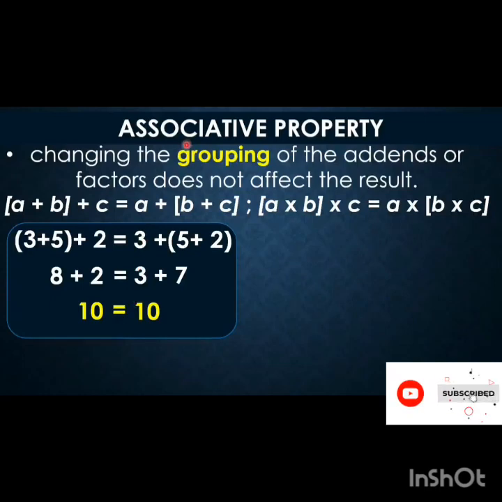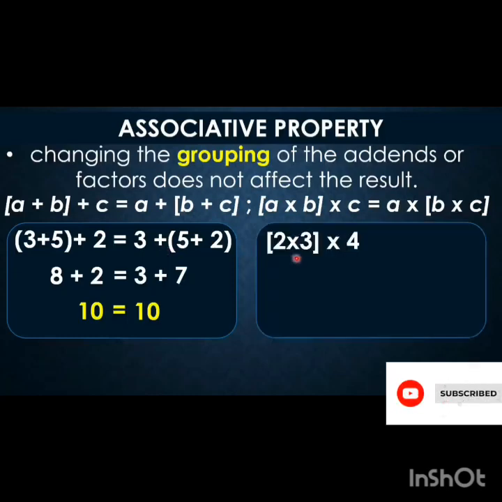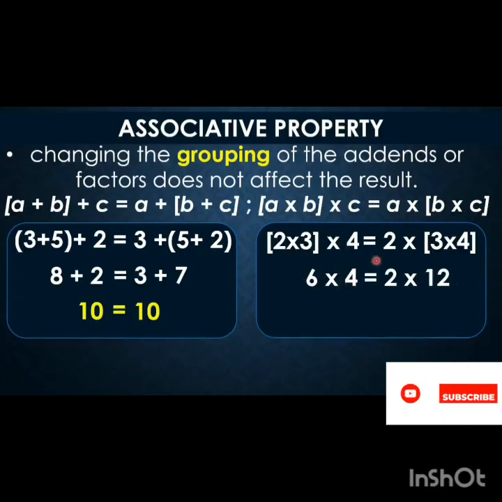We also check multiplication. 2 times 3 in the bracket, times 4, is equal to 2 times, in the bracket, 3 times 4. On the left side, 2 times 3 is 6, times 4 is 24. On the right side, in the bracket, 3 times 4 is 12, and 2 times 12 is 24.